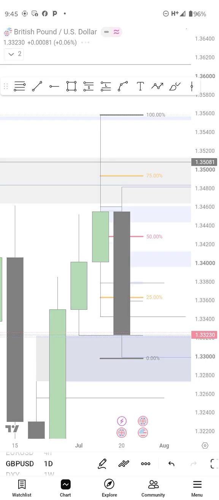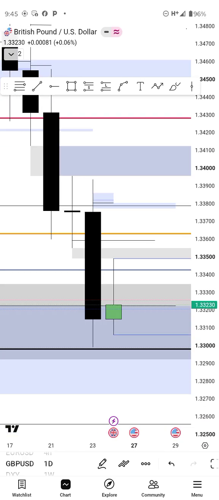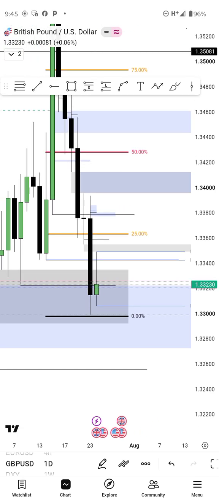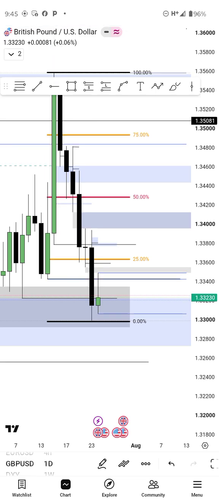And we need to retrace, find a point of interest and fall to the downside.